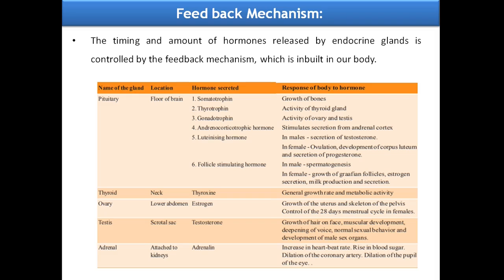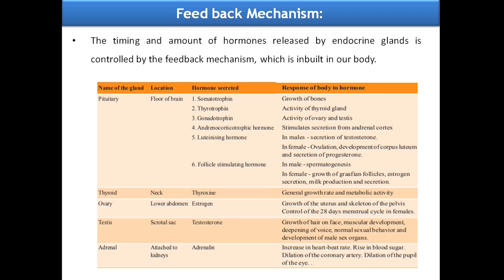So, the timing and amount of hormone released by endocrine glands is controlled by the feedback mechanism, which is inbuilt in our body. Here are some endocrine glands of our human body, where they are located, the hormones secreted and the response of the body to the hormone, given in this table. Let's have a look. The pituitary gland is located at the floor of the brain.